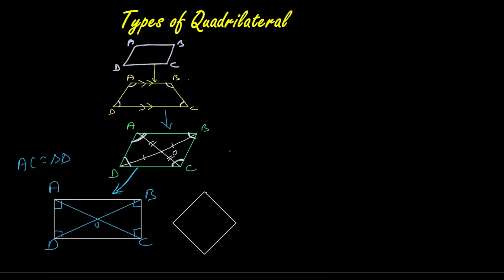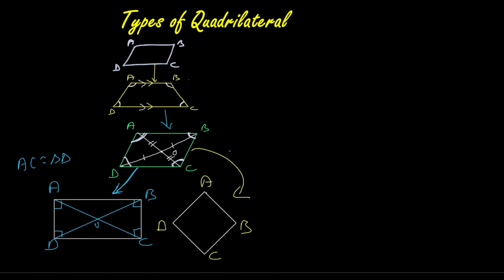These are the two additional characteristics of rectangle, a special type of parallelogram. Now moving to rhombus, if I name this figure as ABCD again, since it is a special type of parallelogram, it will have all the properties of parallelogram.